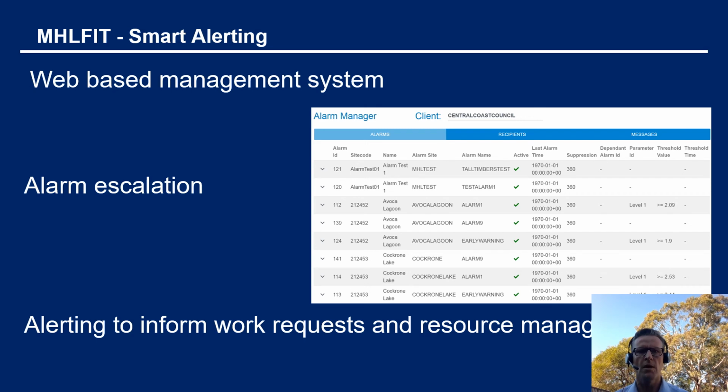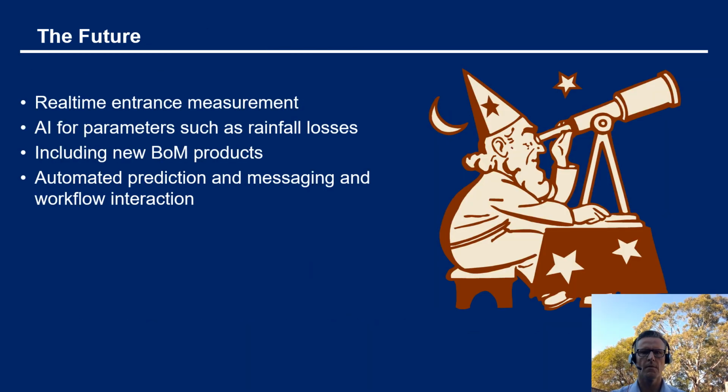For example, Matt might get an alarm telling him the lagoon level is predicted to exceed the current managed berm height, and we should get someone to go down and have a look. If he does not respond within 2 minutes, it will then send an alarm to Galen. And then if he does not respond, it'll send an alarm to me and I'll have to go down and have a look. This sort of alerting can be used to inform resource management, not just for lagoon openings, but road closures and emergency management resourcing.